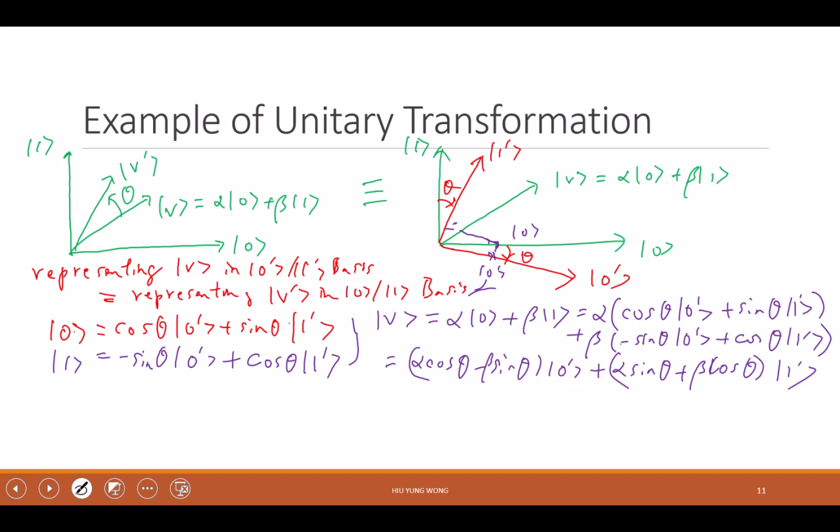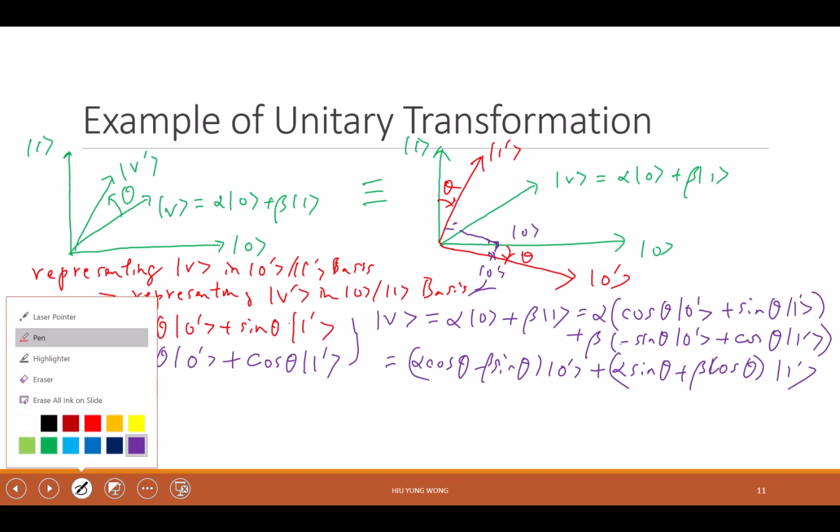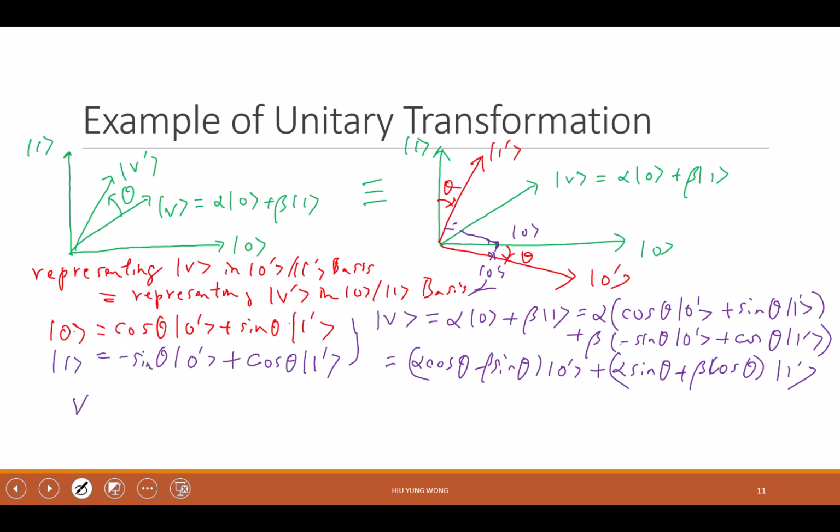So how do I write it if I want you to write in the column form? This one is representing V in the 0 dash, 1 dash form.